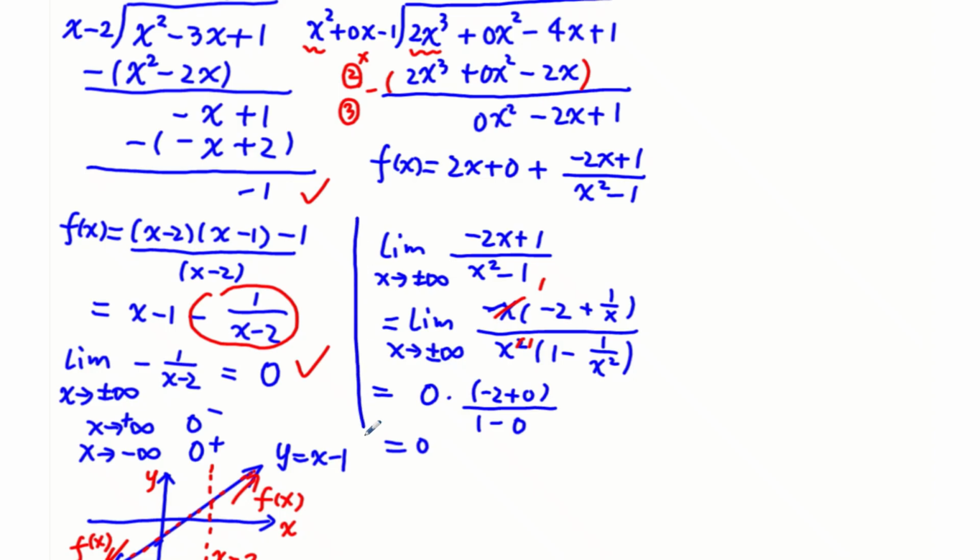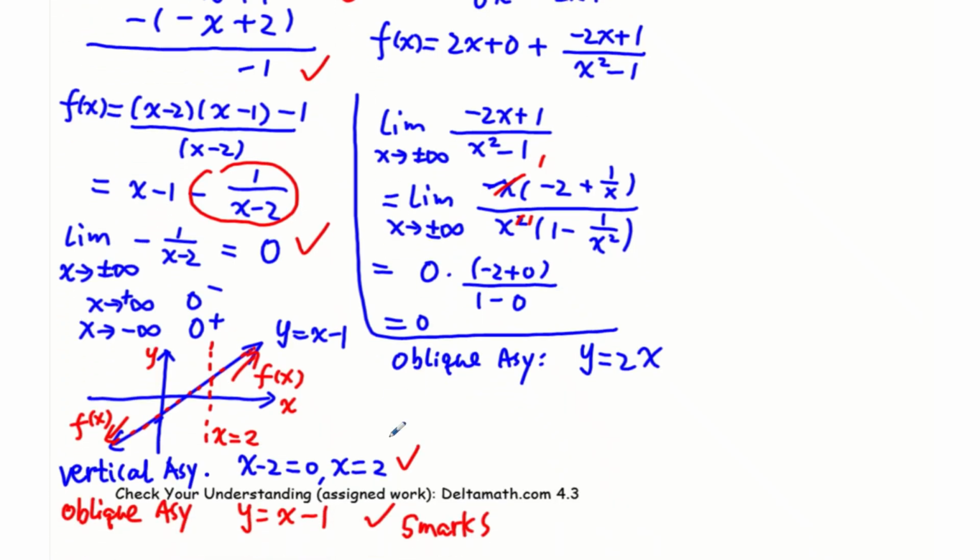So it works. When x approaches positive or negative infinity, the oblique asymptote is y equals the quotient, 2x. So this is our oblique asymptote. If we have an oblique asymptote, we don't have a horizontal asymptote. So we just need to find, do we have a vertical asymptote? The vertical asymptote is just denominator equals 0.